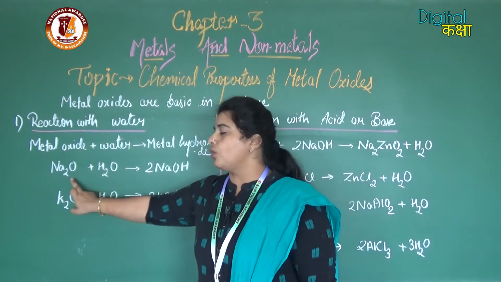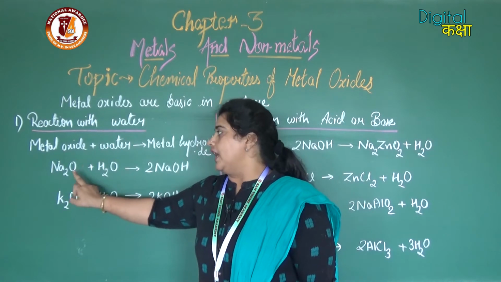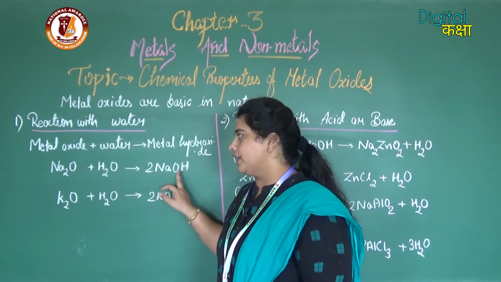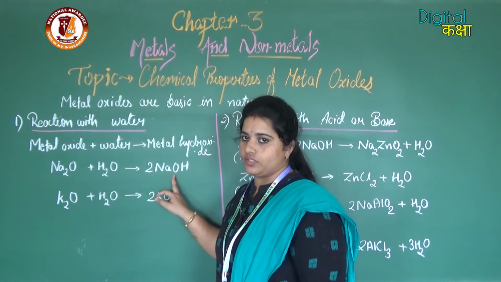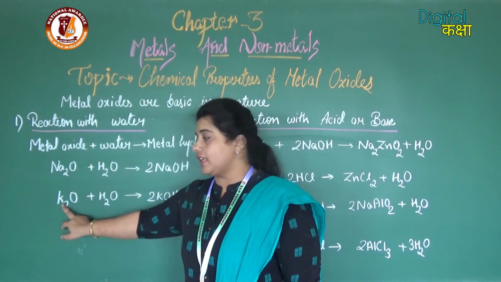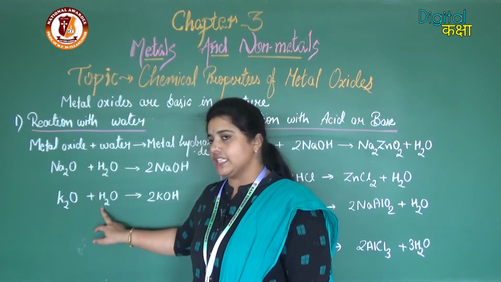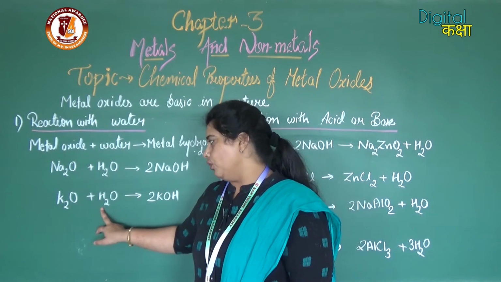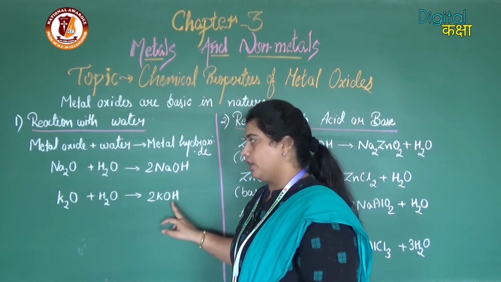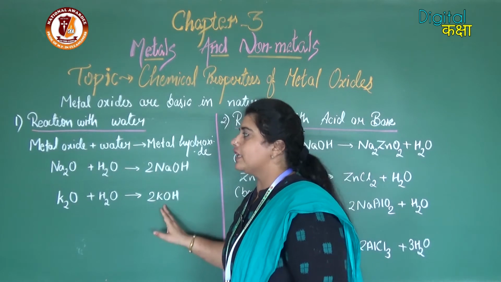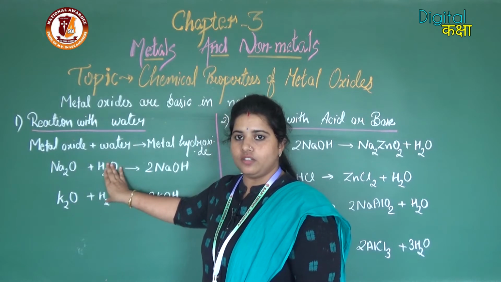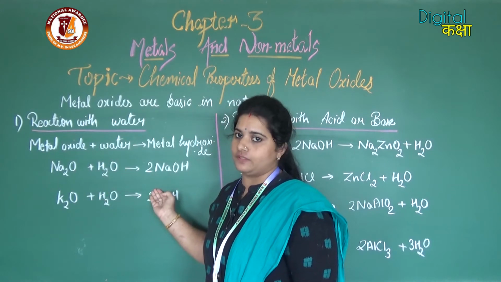Like if we take sodium oxide and dissolve it in water, it forms sodium hydroxide, NaOH. Similarly, potassium oxide, K2O, combines with water, H2O, to form potassium hydroxide, KOH. So by this we can say that metal oxides when treated with water form metal hydroxide.